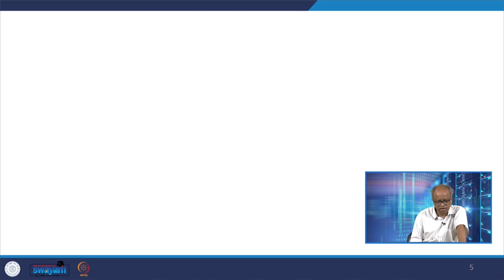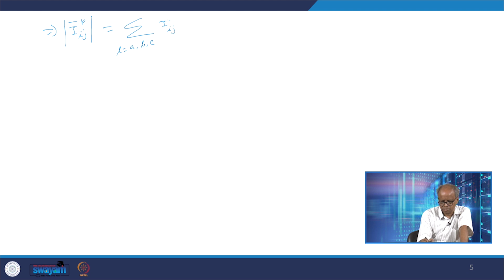Correct. So with this I can write down the magnitude of Iijp, for P equal to A, B, C, as Iijp R whole square plus Iijp I whole square, to the power half, it is the root.